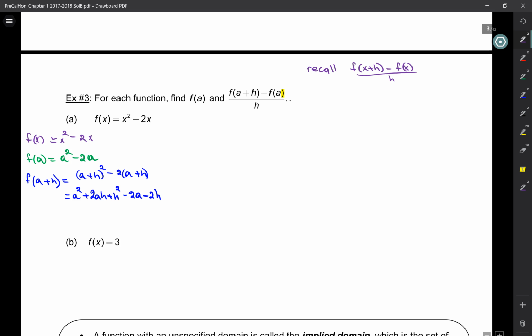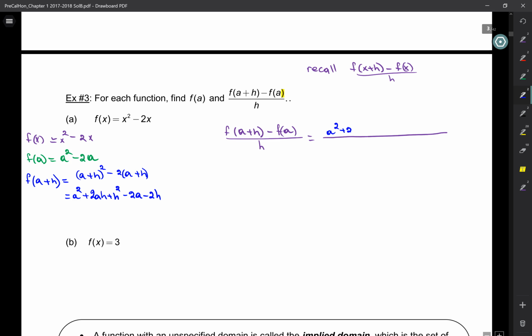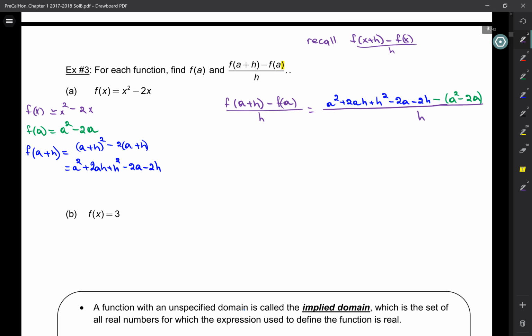Then f of a plus h minus f of a over h is equal to f of a plus h, that blue part, minus f of a, so minus a squared minus 2a, all over h.